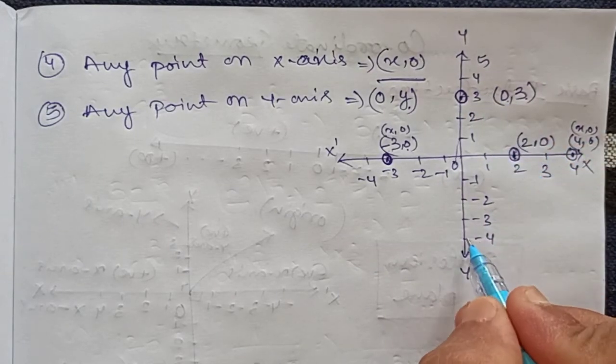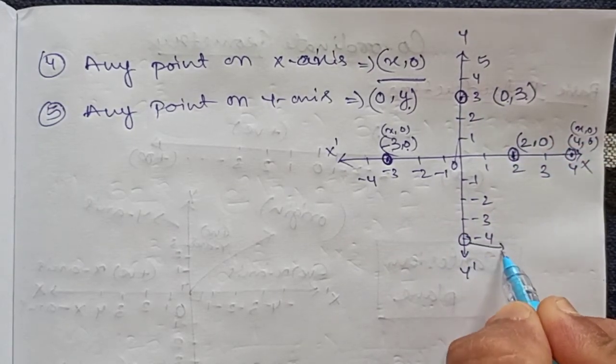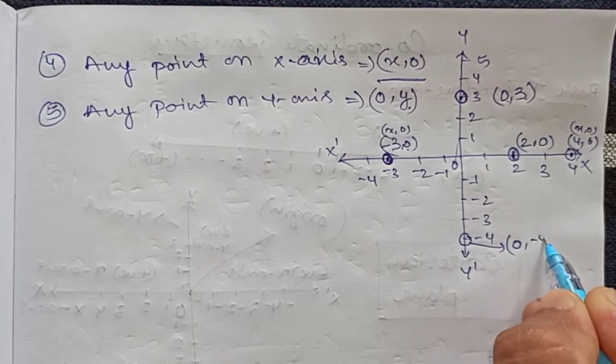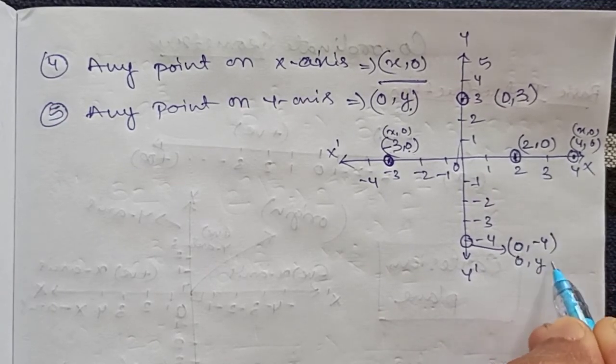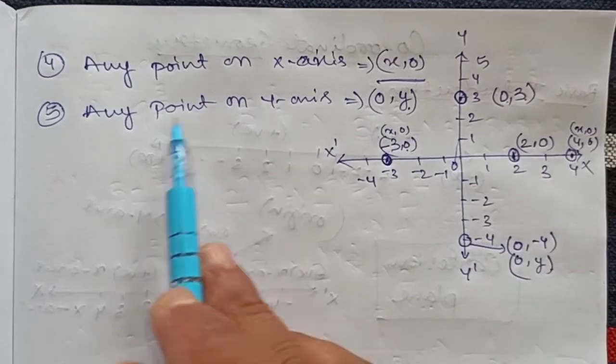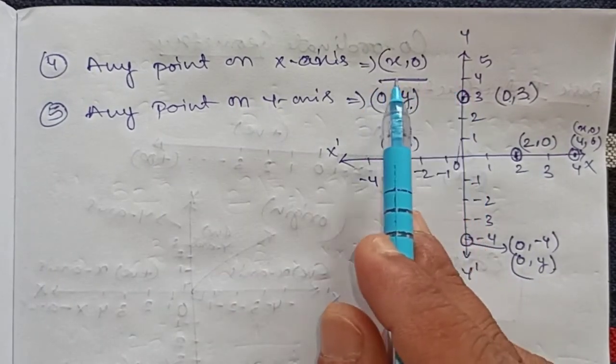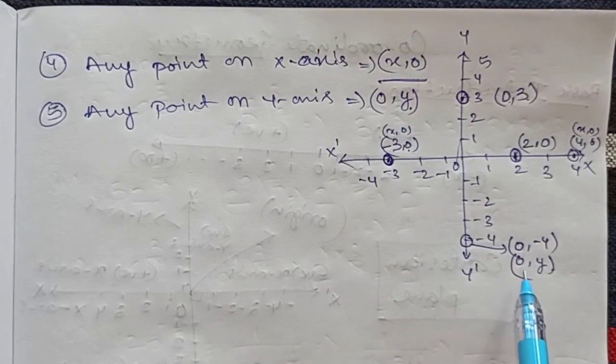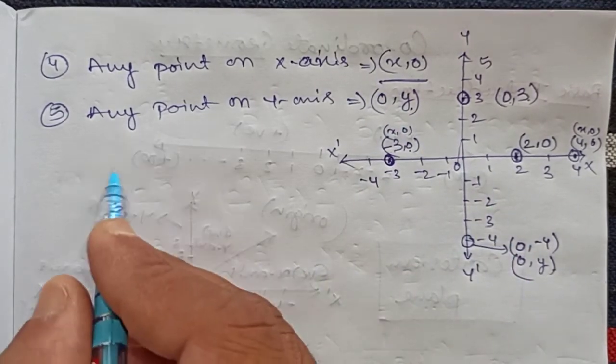Okay, similarly, suppose I mark this point. The coordinate of this will be x is 0, y is minus 4. It is 0 comma y. Getting it? So any point on the x axis is x comma 0 and any point on the y axis is 0 comma y.